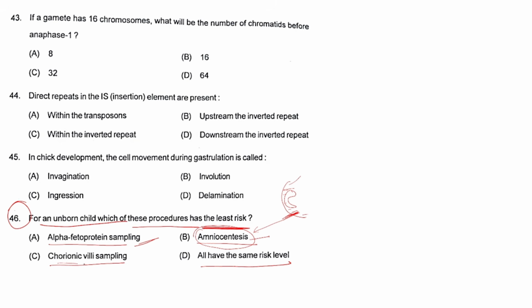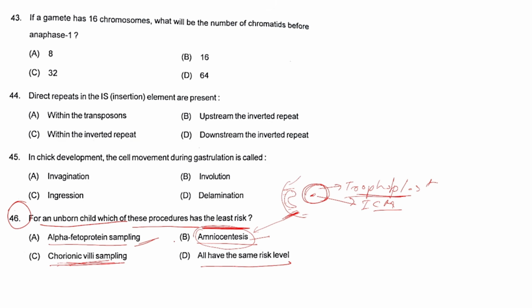Next is chorionic villi sampling. You know, the fetus is made up of two layers. Outer layer is trophoblast and the inner layer is inner cell mass. The trophoblast layer forms the chorionic villi.